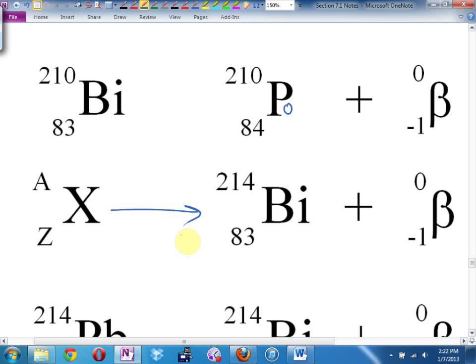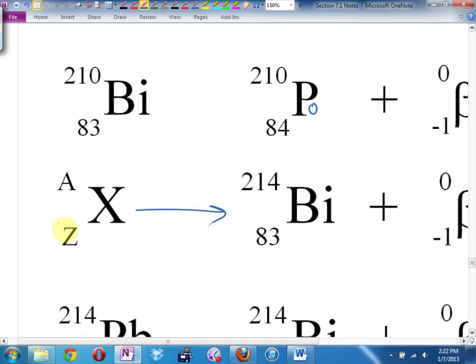Our result is bismuth with a mass of 214, 83 protons, and a beta particle. So what did we start out with? What was the atomic number that we started out with? 82. What was the mass that we started out with? 214. What was the element that we started out with? Lead. So radioactive lead can decay into bismuth.